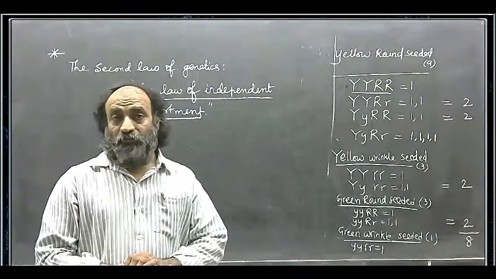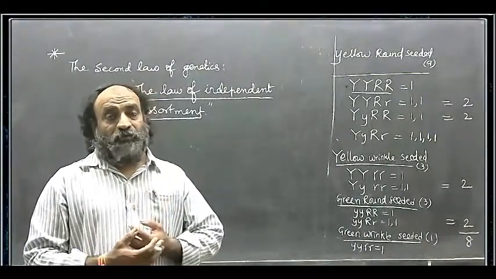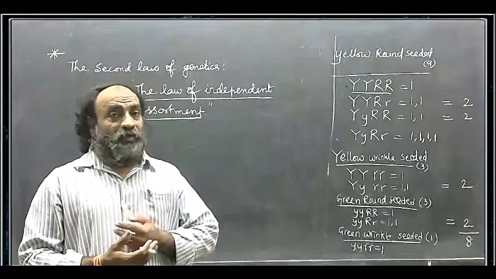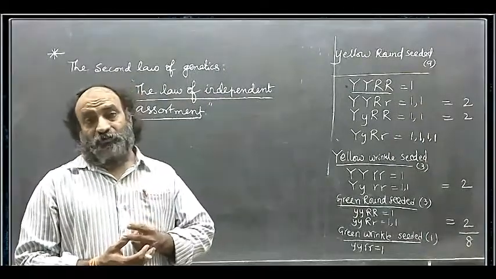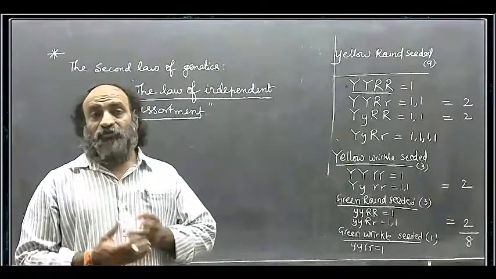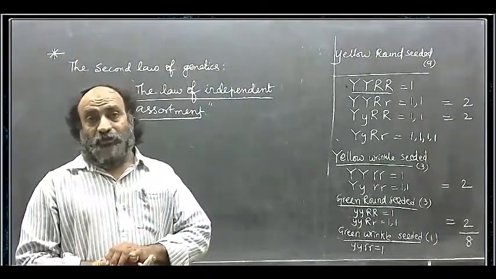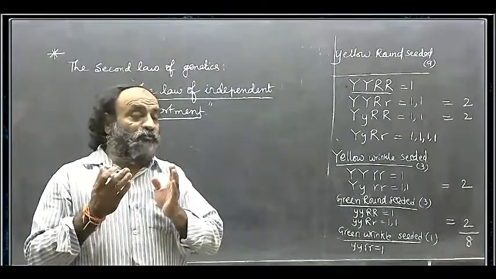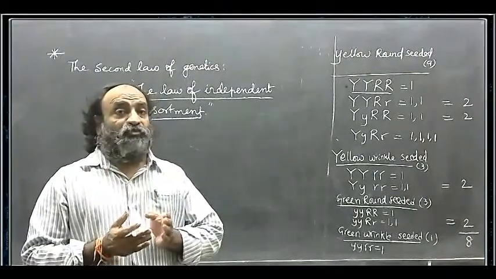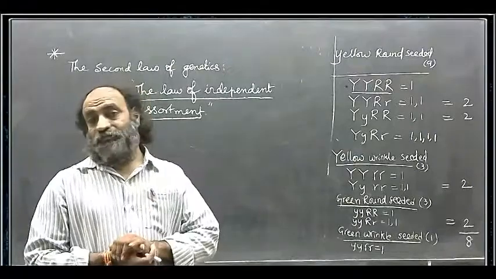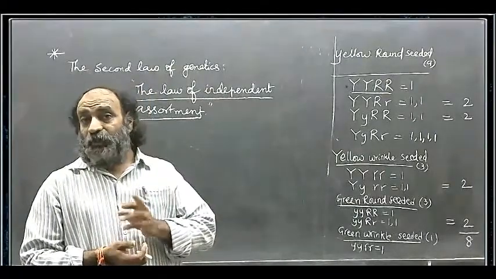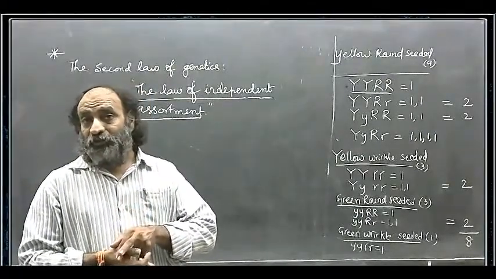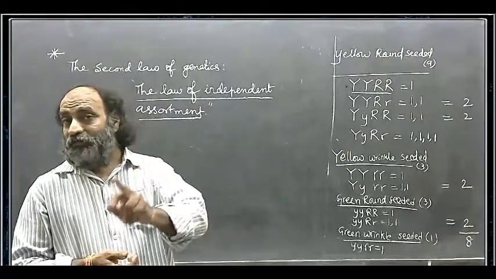That means, in the dihybrid cross, we have selected two characters: the shape of the seed and the color of the seed. The inheritance of the shape of the seed is independent of the inheritance of the color of the seed.